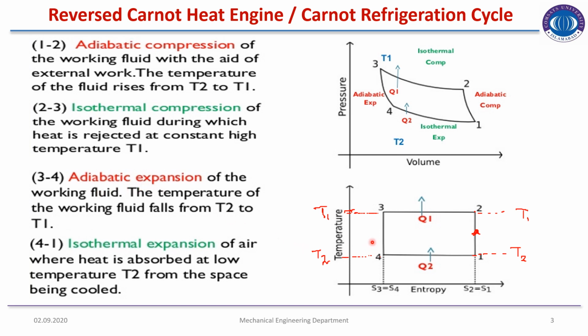As the name suggests, like 1 to 2, the 3 to 4 process is also a reversible adiabatic, that is, an isentropic process. Therefore the value of entropy at stages S3 and S4 will remain the same. There is no change in entropy, so 3 to 4 is an isentropic process.